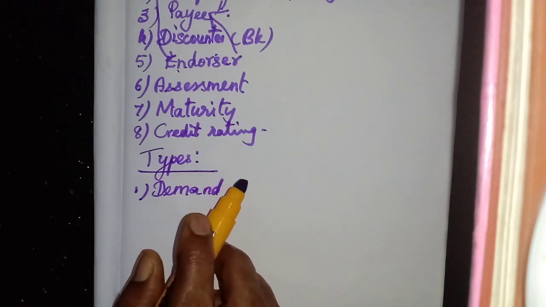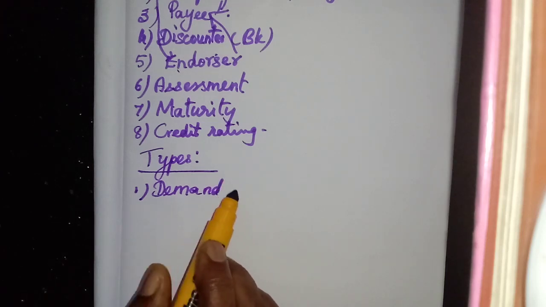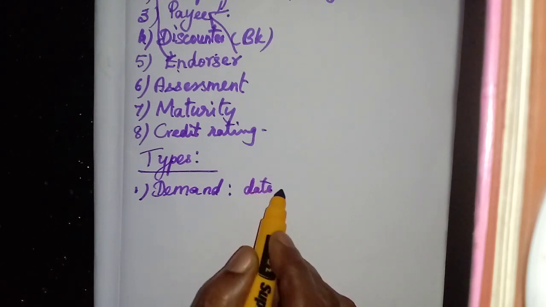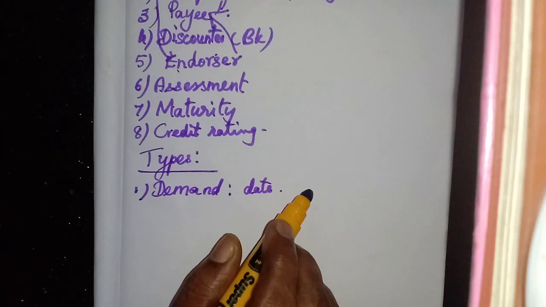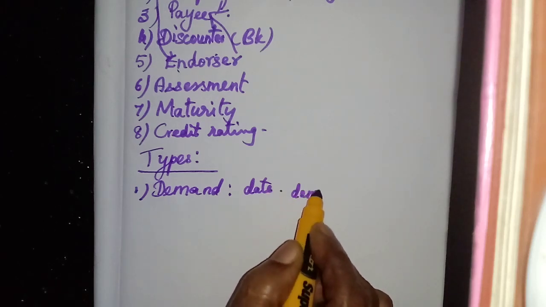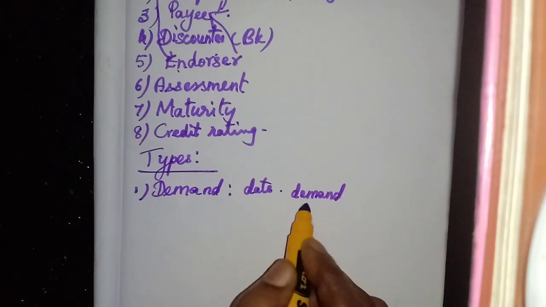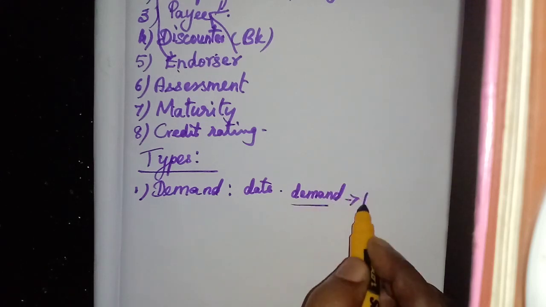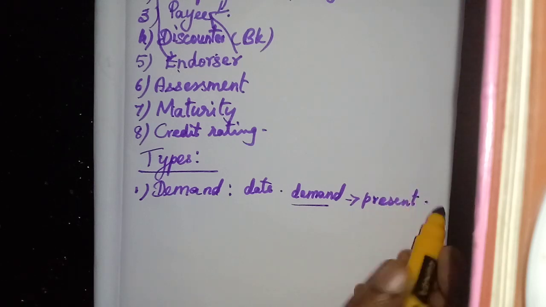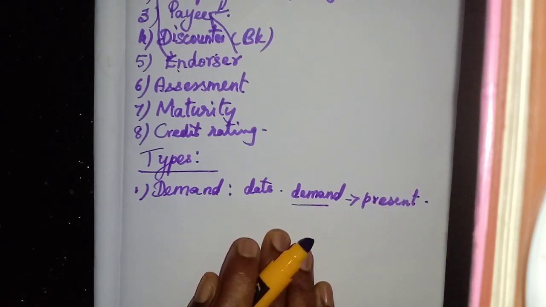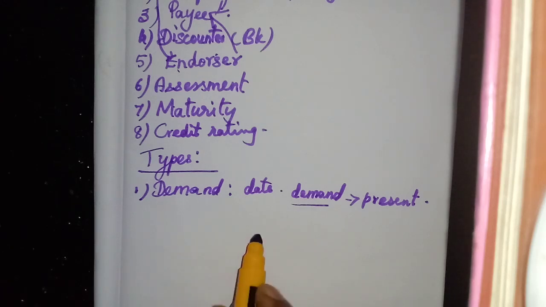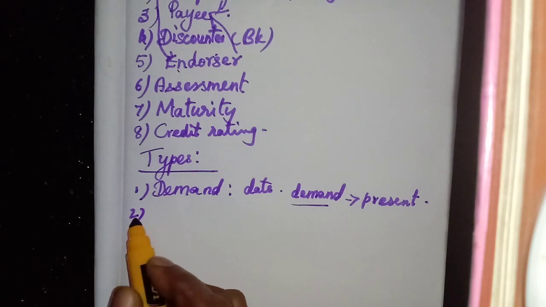These bills do not have a specific date of maturity, but whenever and wherever you demand money, you can present it to the drawer. Whenever you need money, you can present that bill and collect the money. That is called a demand bill.